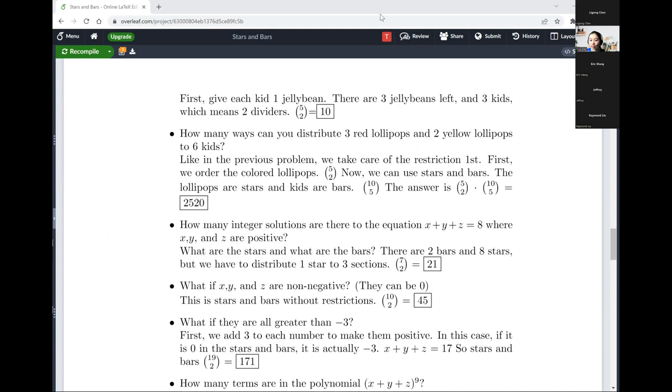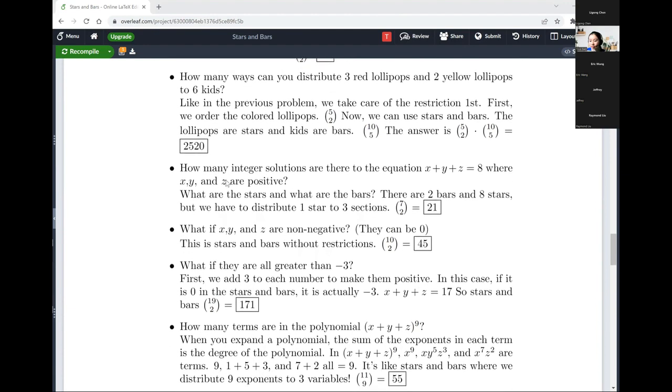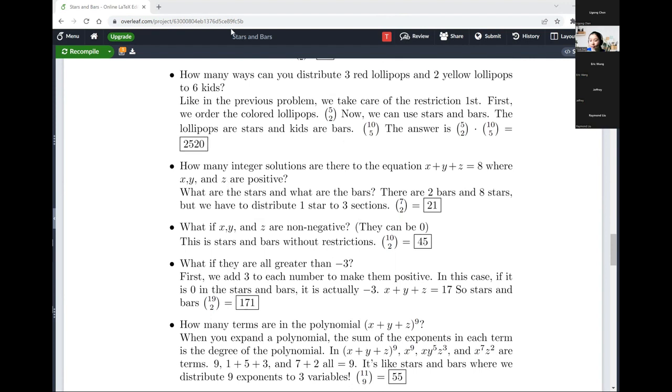Okay, so this problem, I'll scroll down first so you guys can see how some people do it. We can't really just expand this because that'll take forever, since you have the power of 9.